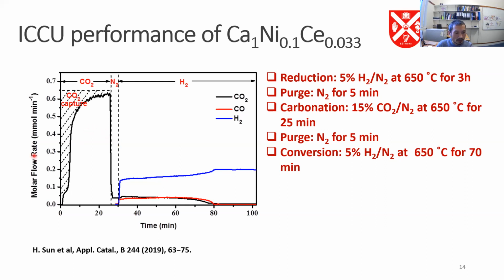When we introduce carbon dioxide, you can see that CO2 is captured, and then we introduce nitrogen, basically just to purge the reactor. We remove the CO2 inside the reactor. Then you can see here, as soon as we introduce hydrogen, this blue line, we can see the red line here is carbon monoxide. So carbon monoxide is produced as soon as we introduce hydrogen.